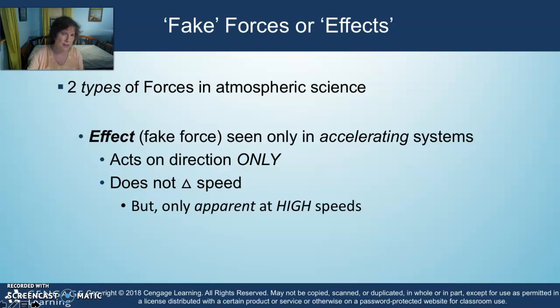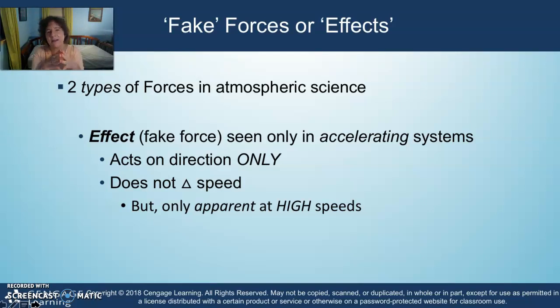They're fake forces. They're often known in physics as effects, not fake forces. Some people will call them that, but they're known as effects. The reason they are not true forces is because a true force impacts every part of the vector. It impacts the speed of the vector and the direction of the vector.